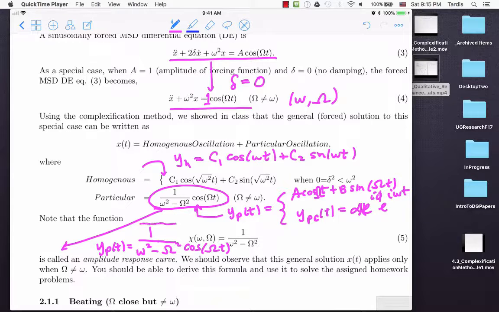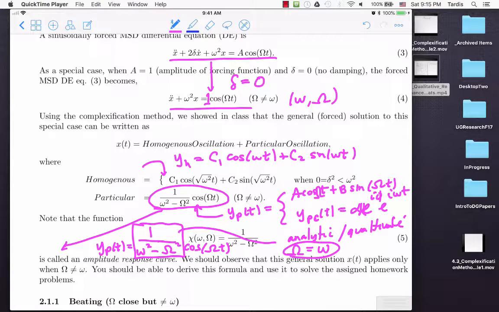Notice what's happening here. Here's where we can see the resonance behavior. The relationship between the analytic and the qualitative shows up here. In the qualitative, when we were just looking at the graphs, we saw that something interesting happened when the two frequencies were equal to each other.